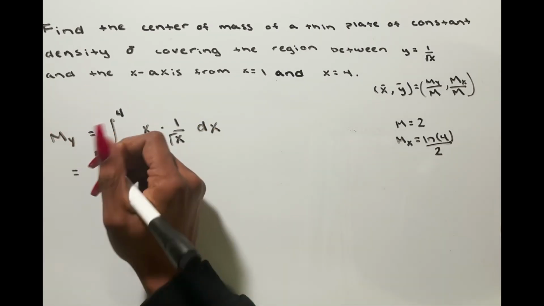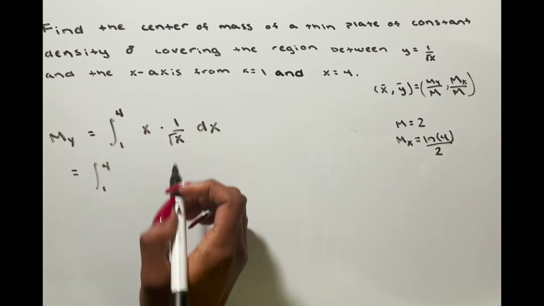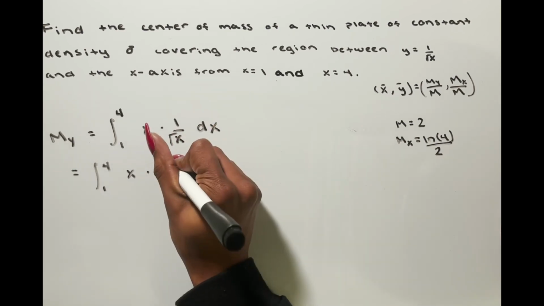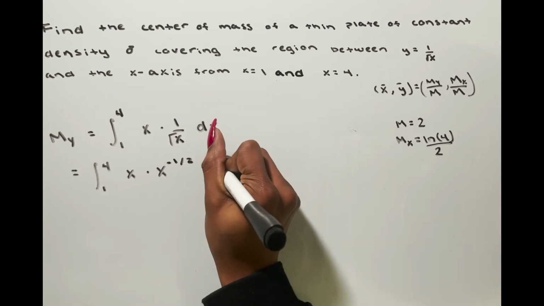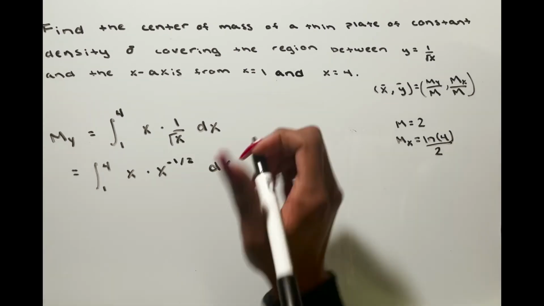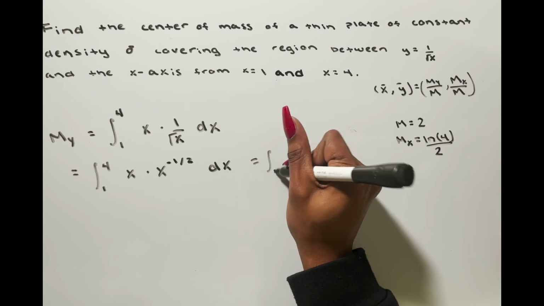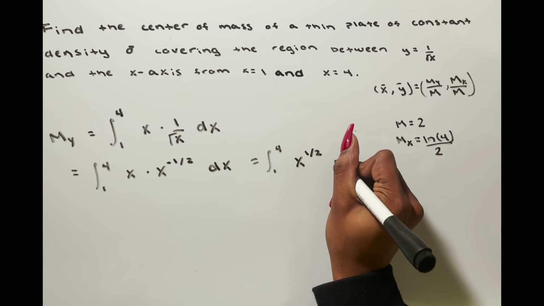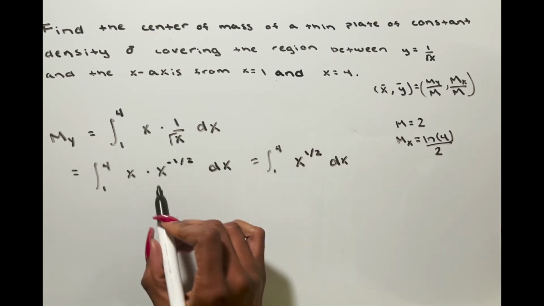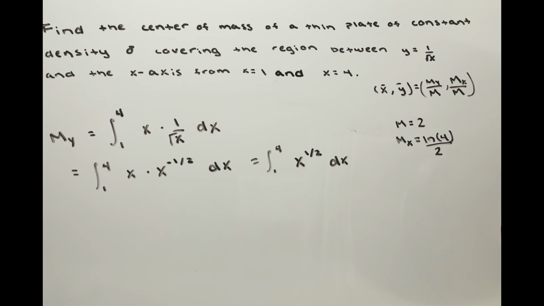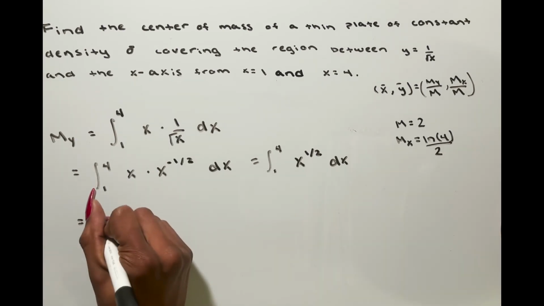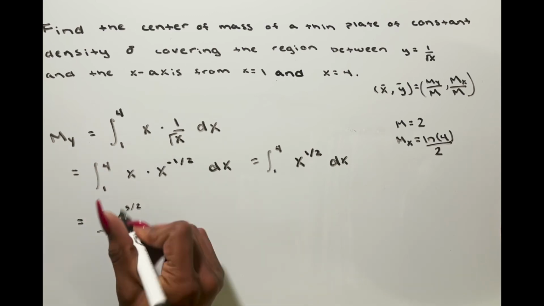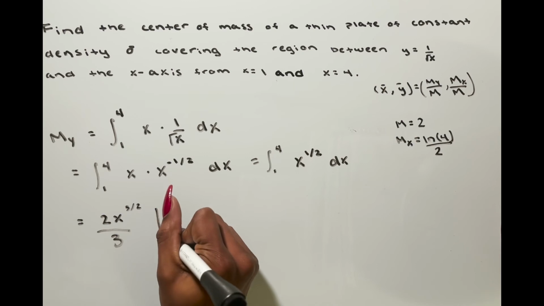All right, now let's start with rewriting our 1 over the square root of x, which gives us x raised to the negative 1/2 dx. And now x times x to the negative half gives us x raised to a half, because we just added the exponents 1 plus a negative half. From here, we see that our integral equals 2x raised to 3 over 2 over 3 from 1 to 4.